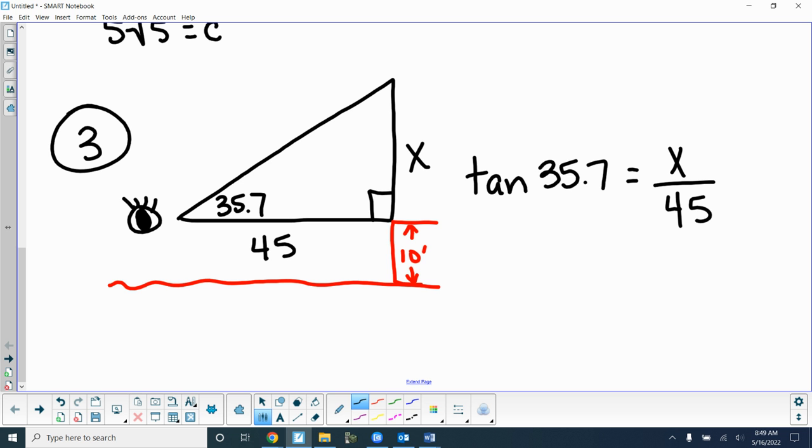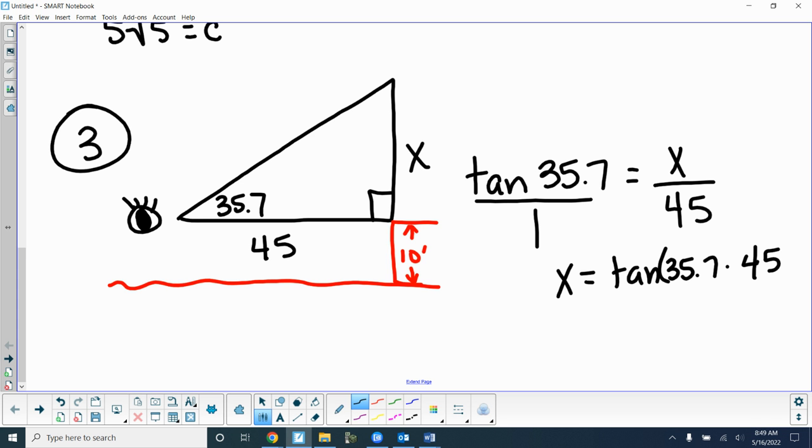And what do we tell you to do with these? Put them over 1 so you have a proportion. How do you solve a proportion? Cross multiply. So 1 times x is x, and tangent of 35.7 times 45.